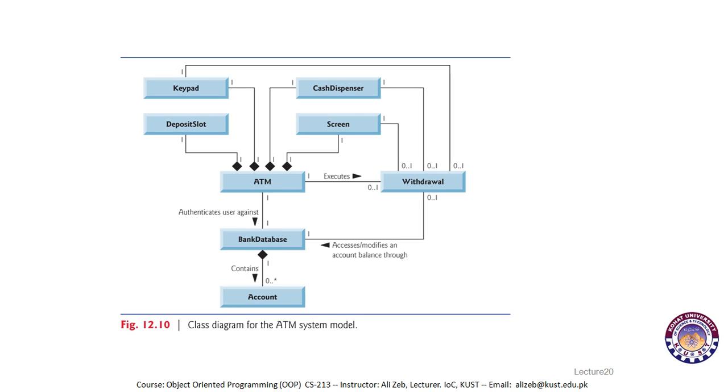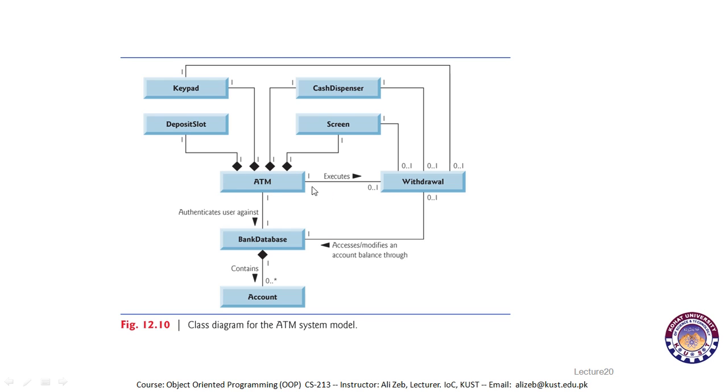Now this is a more detailed class diagram for the proposed ATM system model, and of course it does not show the attributes or operations of our classes, but it shows the relationships that the classes can have between each other. As we saw, the screen, the cash dispenser, the keypad and the deposit slot have a composition relationship with the ATM.